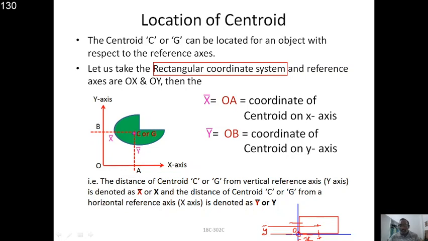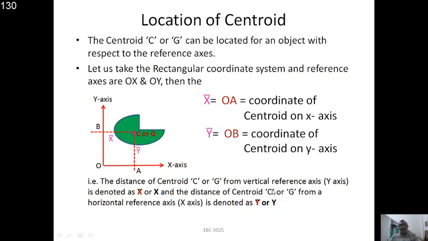So this is the reference. You can measure y bar from this point to this point. What is x bar? From this origin point to your centroid point is known as x bar, right? So the same thing is mentioned here.